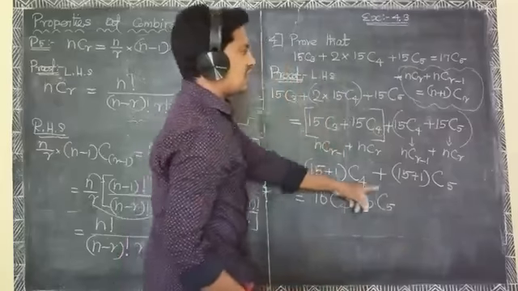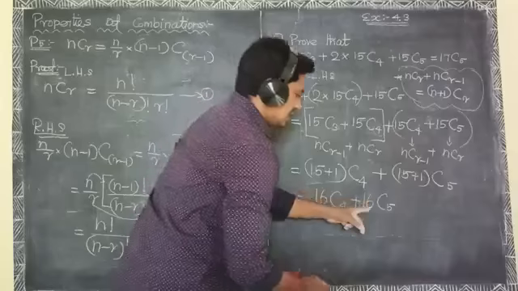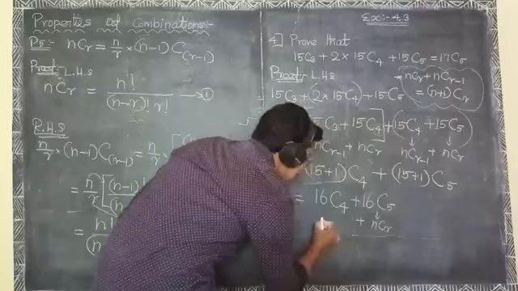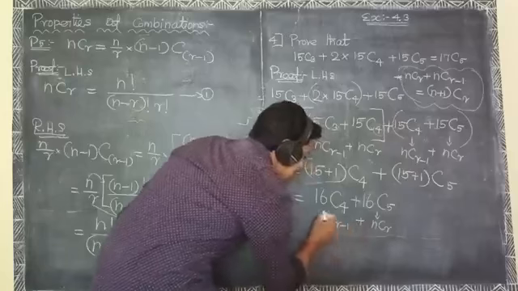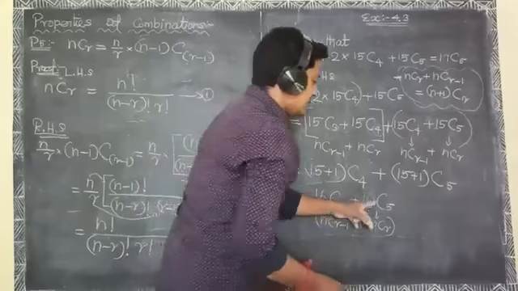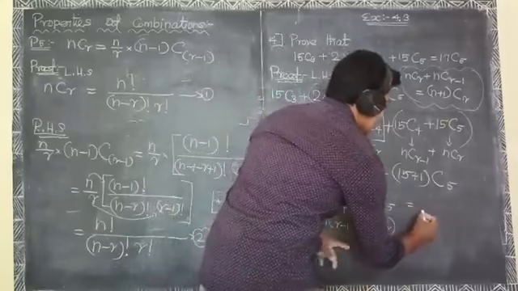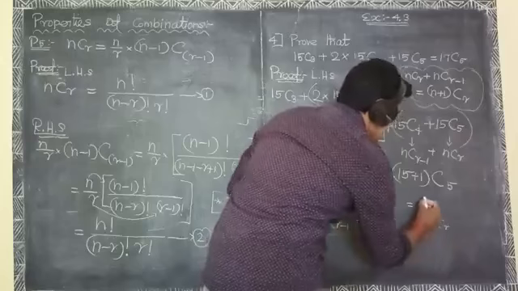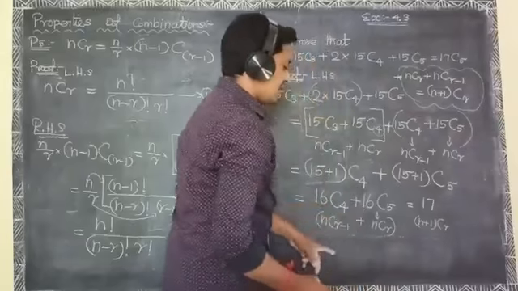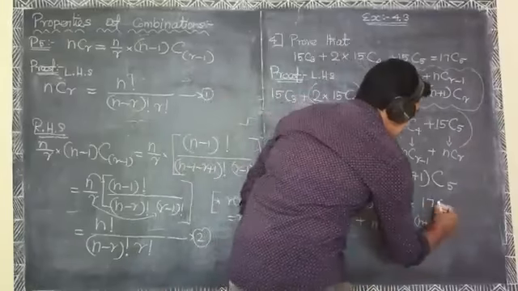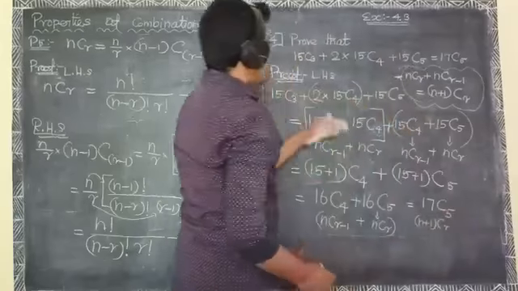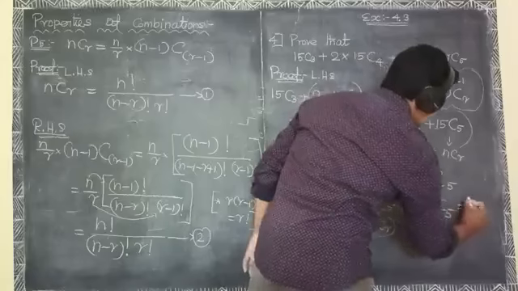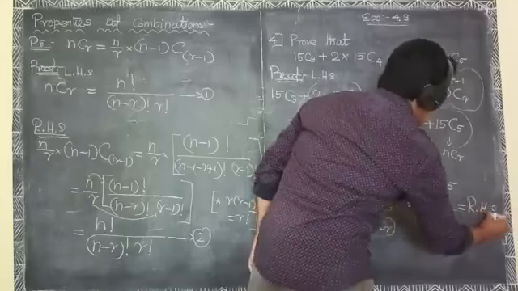Again using the property, n is 16, n plus 1 is 16 plus 1 is 17, and r is 5, giving 17C5. We take the LHS and change it to the RHS. LHS equals RHS. Hence proved.